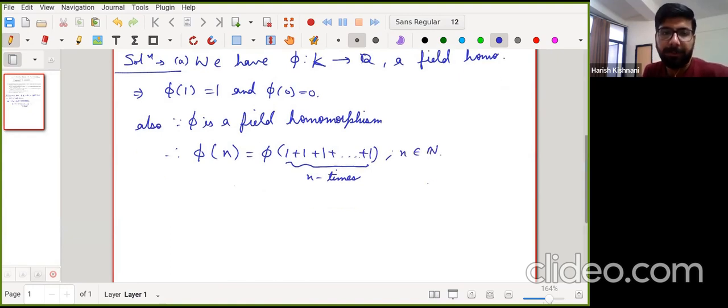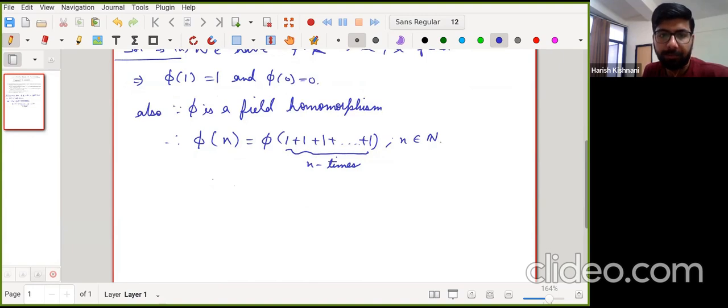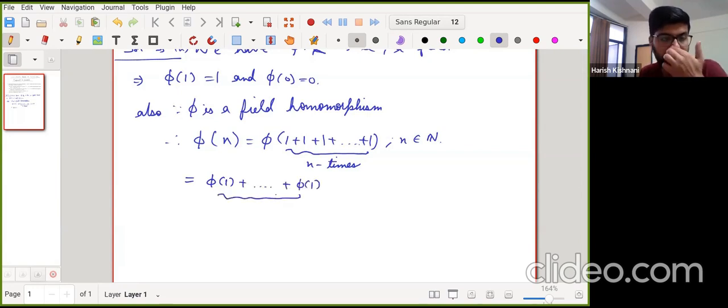This is equal to phi of 1 plus dot dot dot plus phi of 1, n times, since a field homomorphism is compatible with the additive operation.